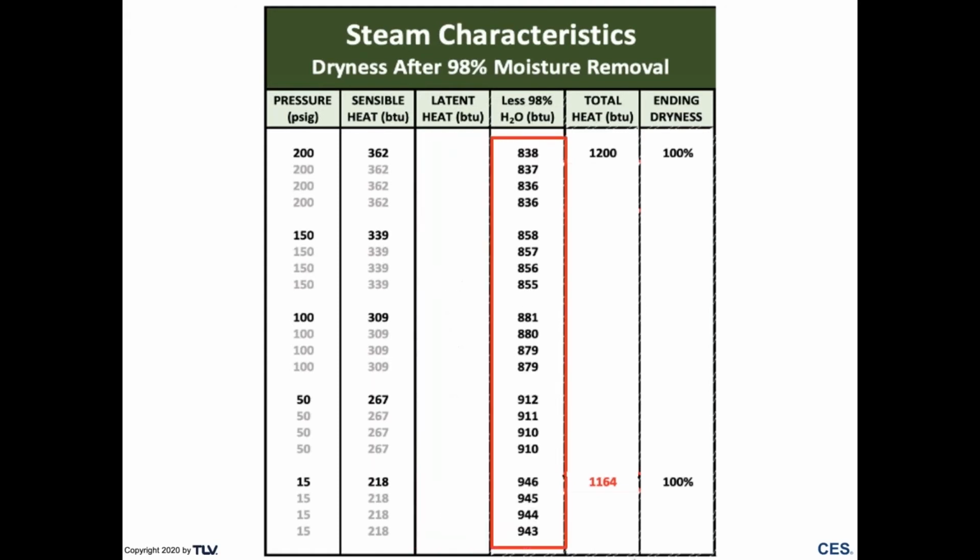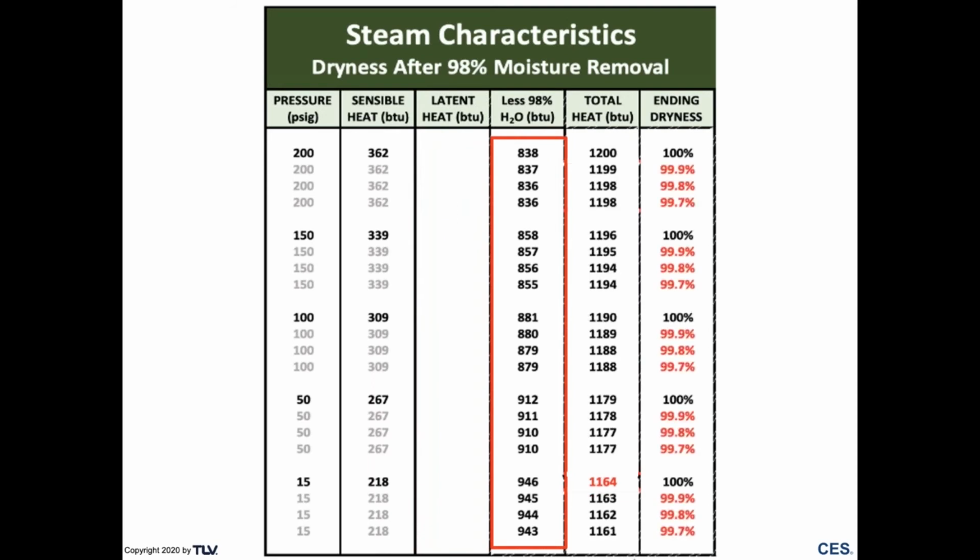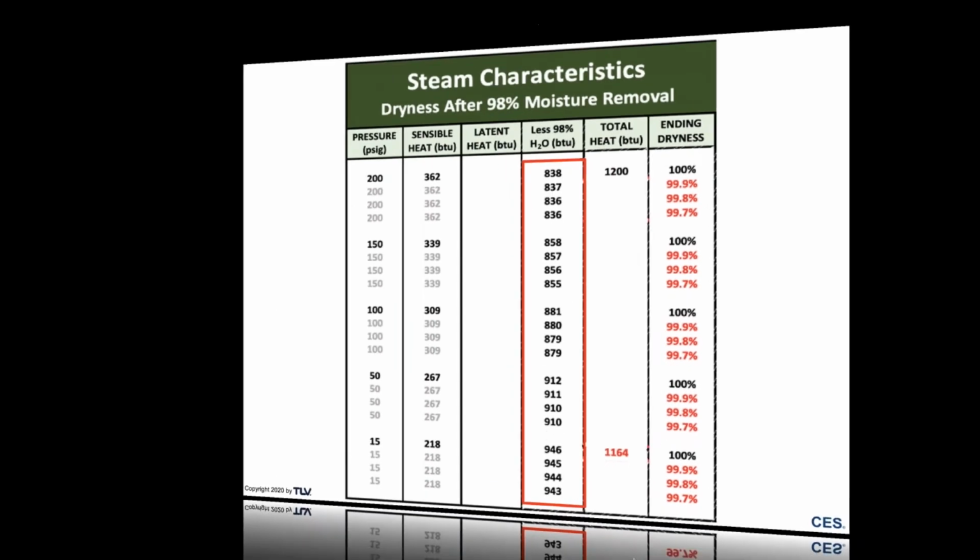But if you can remove 98% of the water and use the equation that's in the article, then you see that you can get your steam quality up to 99.7%. That's essentially as close to saturated steam. It's not saturated, but it's as close to saturated steam as you are going to get in a production plant.